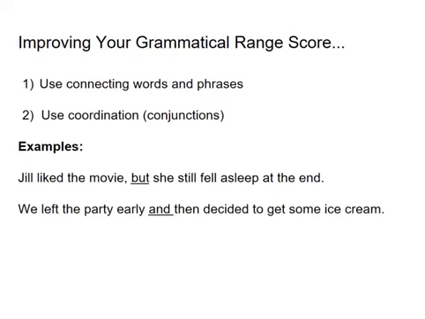So coordination is just creating more complex sentences, especially when you add 2 clauses together into one sentence, combining those ideas. So Jill liked the movie, but she still fell asleep at the end. All right, a little more complexity there because we've added this conjunction and we have demonstrated a relationship between those 2 ideas in one longer sentence, okay?